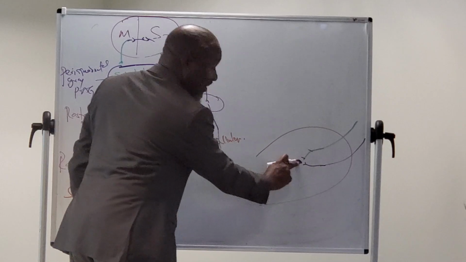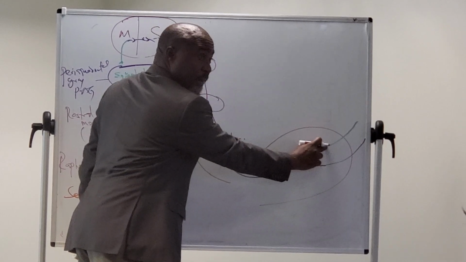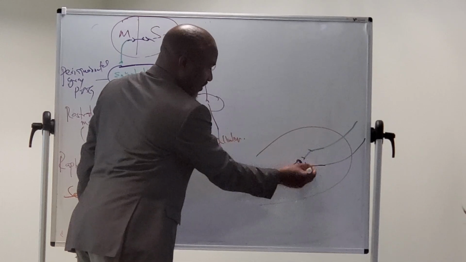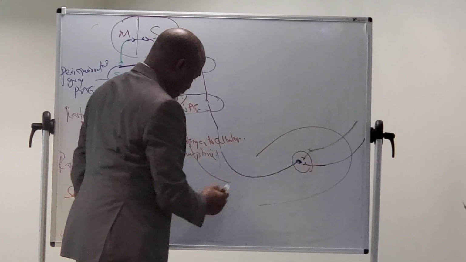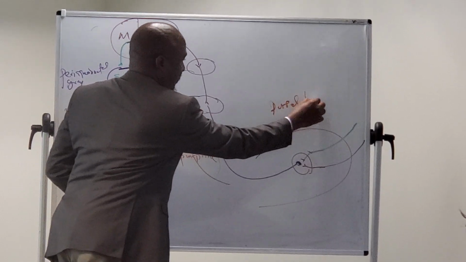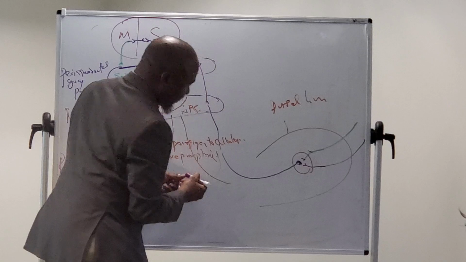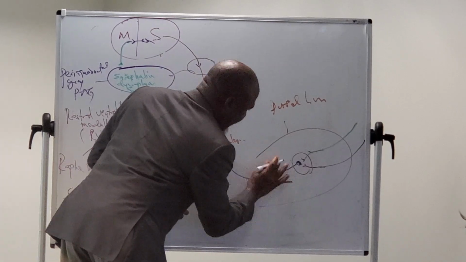And can you see that this is a synapse? So this is what, presynaptic, and this is what? So this is the dorsal horn. So here we have an inhibitory interneuron sitting here.